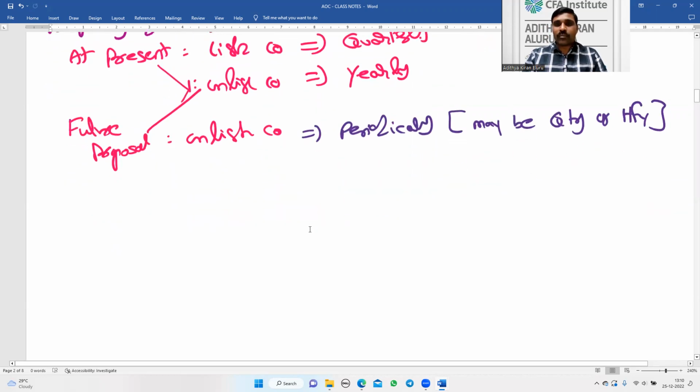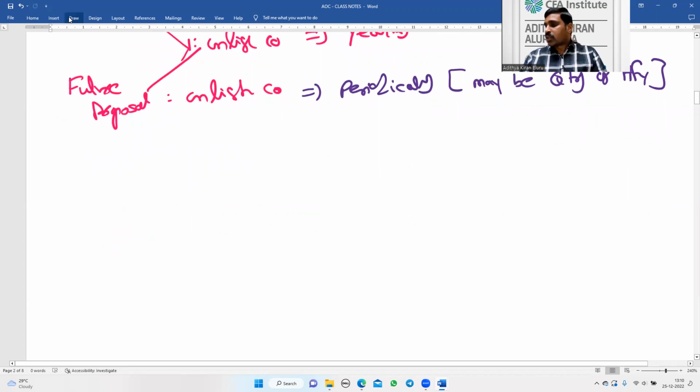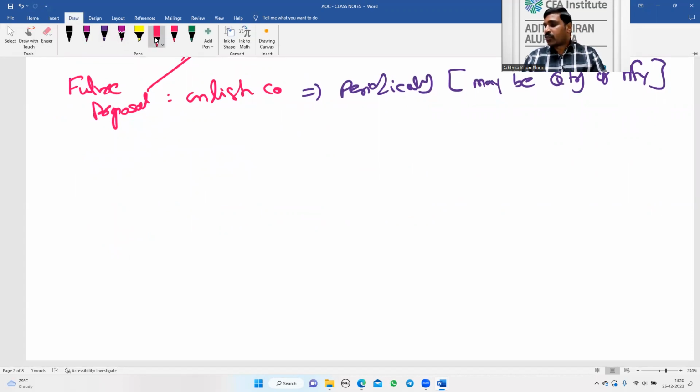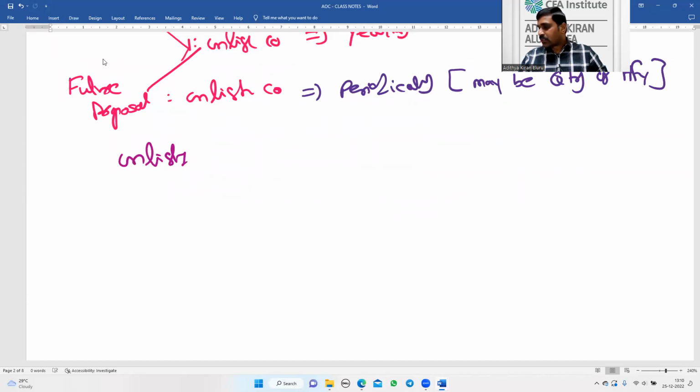Now I'll give the table: unlisted companies, present and future. First we write unlisted companies, frequency of financial statements.